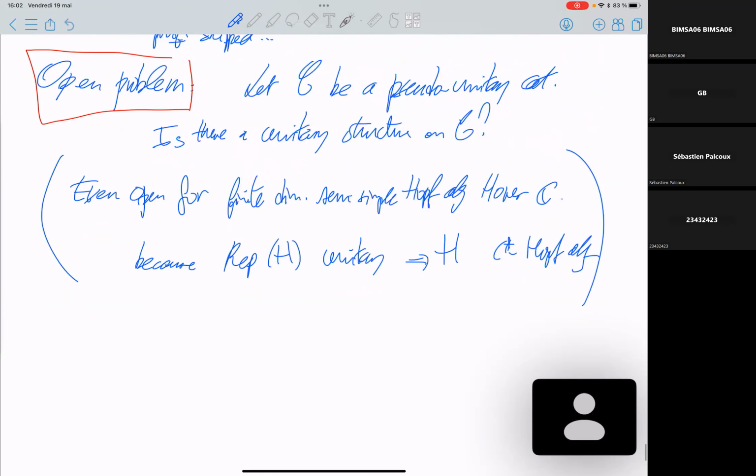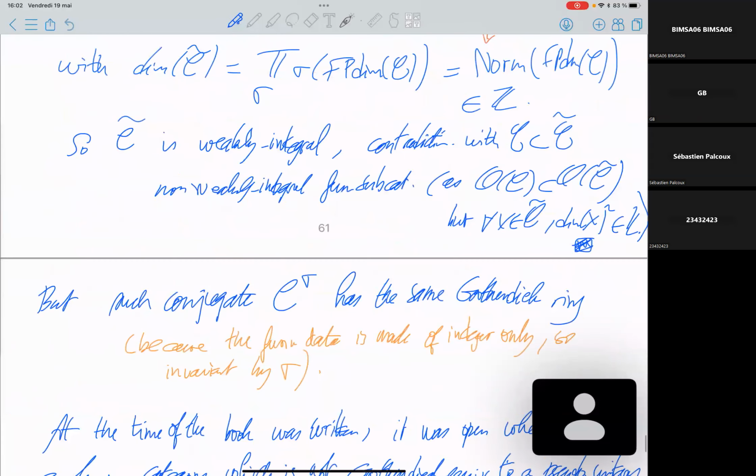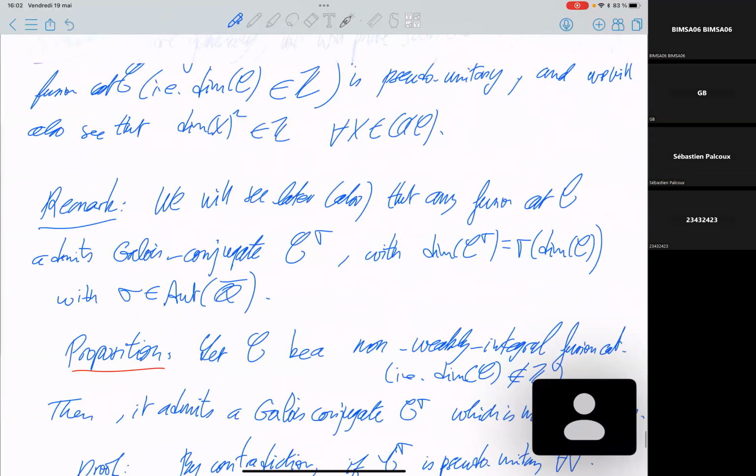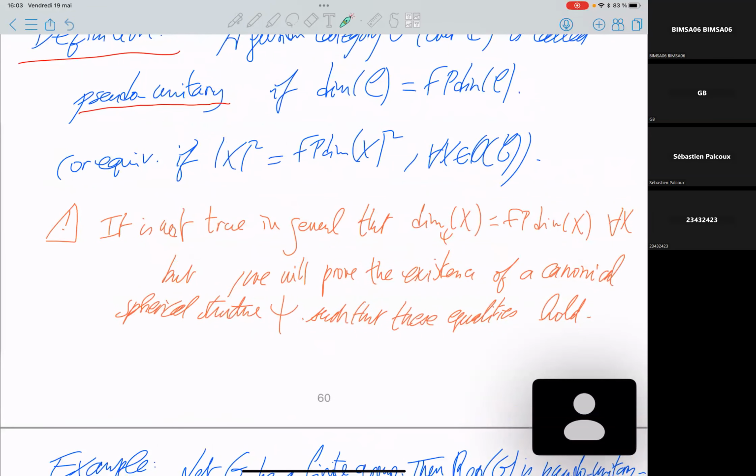Okay, so we mentioned this canonical spherical structure before. I guess here somewhere. Where is it? Here, canonical spherical structure. Now it is the time to provide more details about such canonical spherical structure.